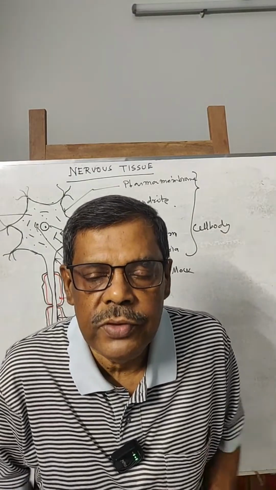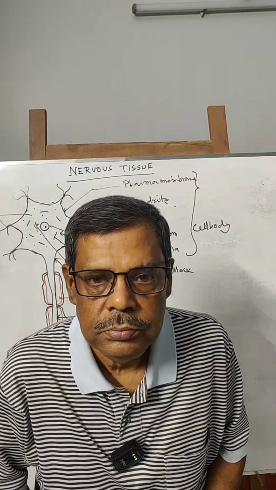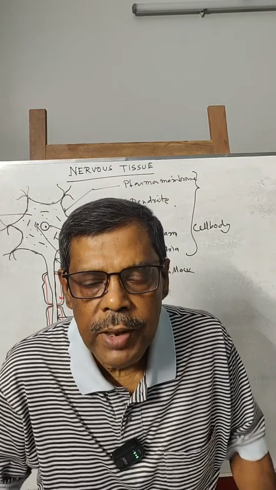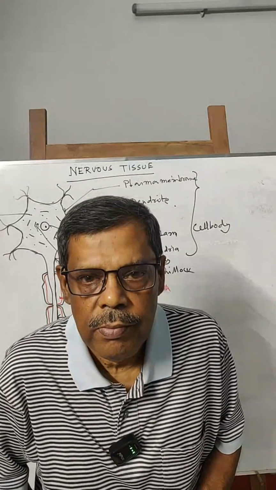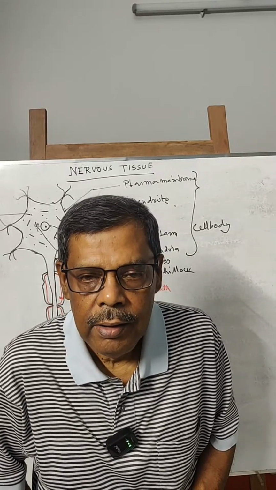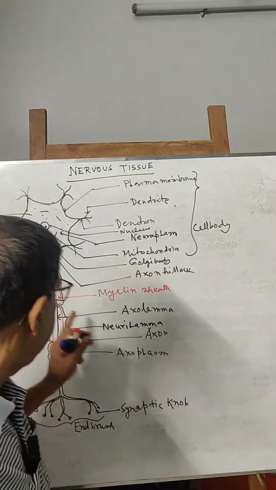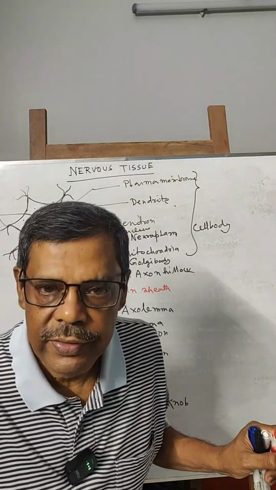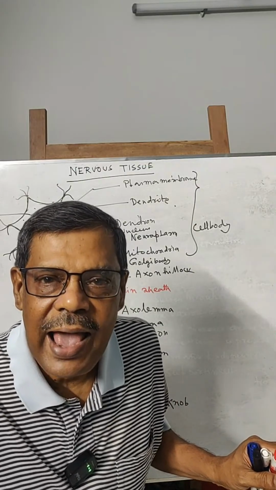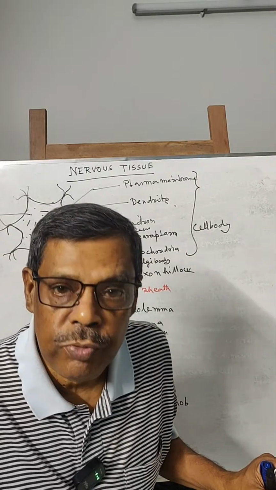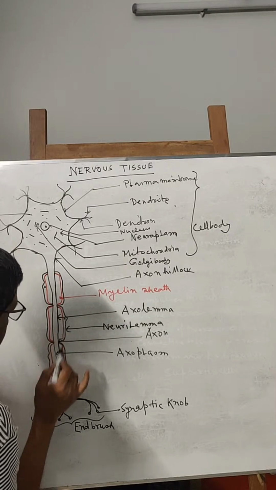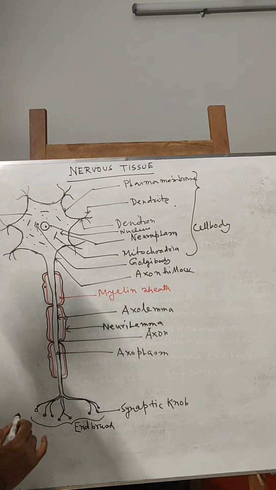In the central nervous system, neurolemma is absent. Because in the peripheral nervous system, Schwann cells, that is the neuroglial cells, produce the medullary sheath. So between the medullary sheath and neurolemma, there is the nucleus of the Schwann cell.